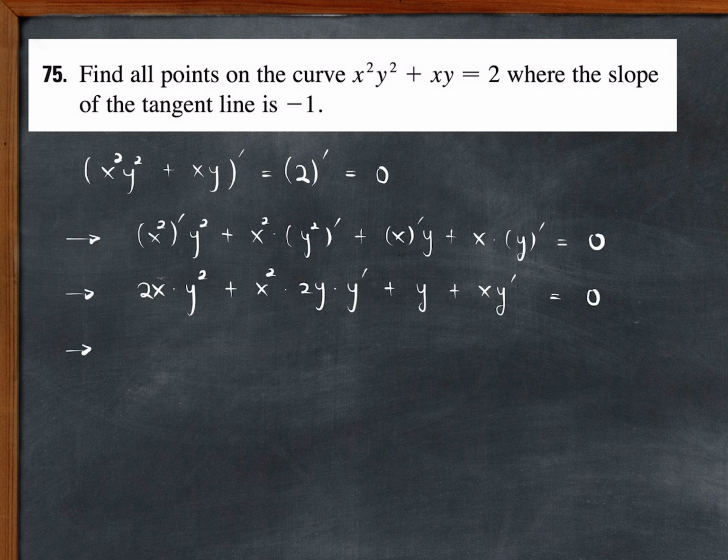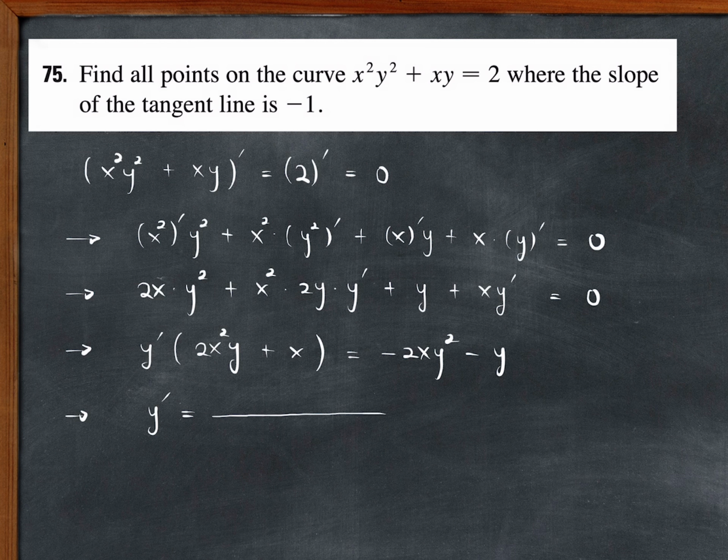So we get y prime times 2x squared y plus x, and it's equal to -2xy squared minus y. So finally we get y prime in terms of x and y only. It's equal to -2xy squared minus y, divided by 2x squared y plus x.